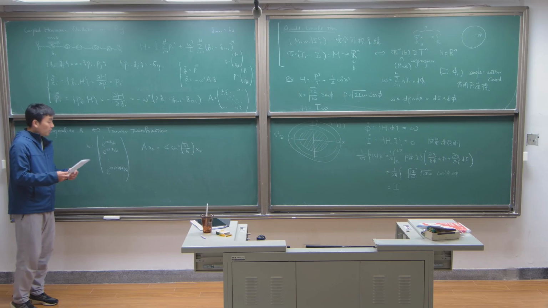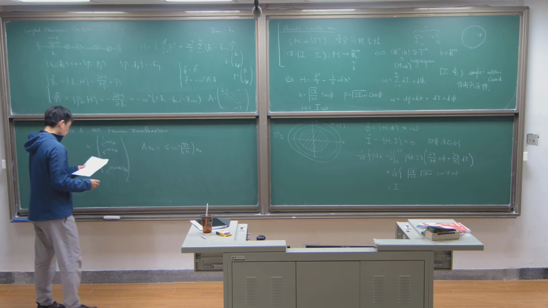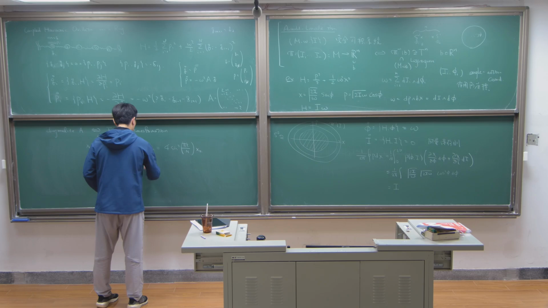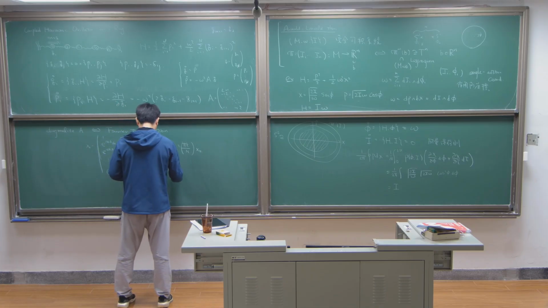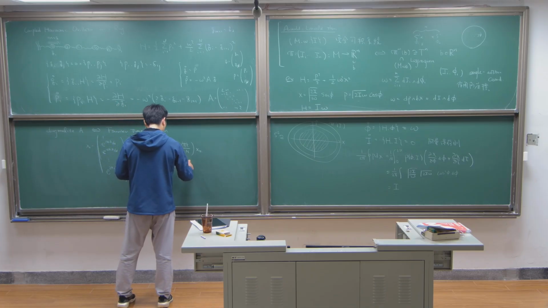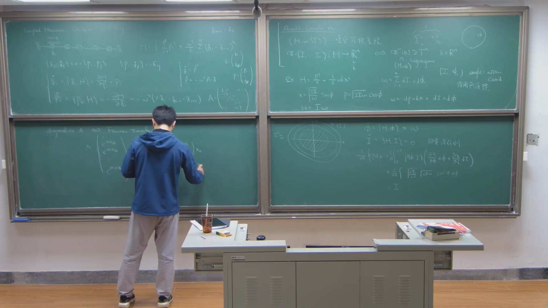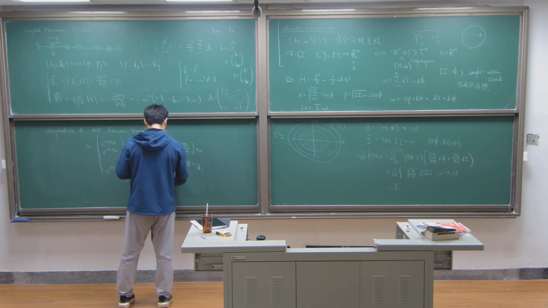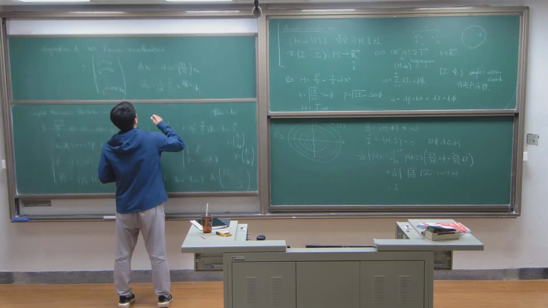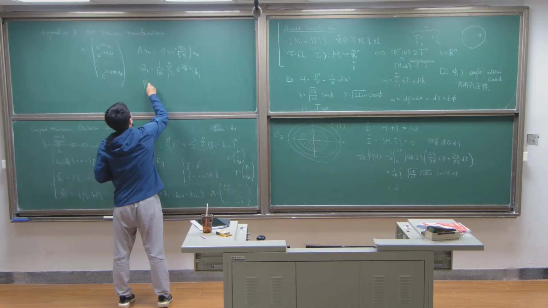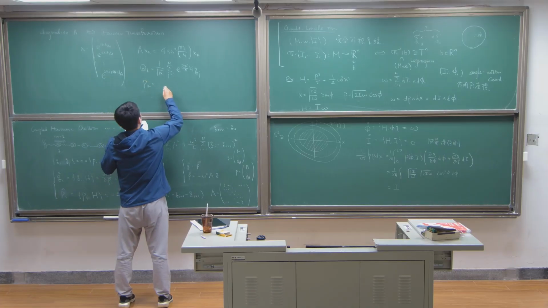Okay. And in particular, once you define capital Q_k equal to one over square root of n times the sum of e to the i k j over n times q_j, this is exactly Fourier transformation. P_k is the same thing.